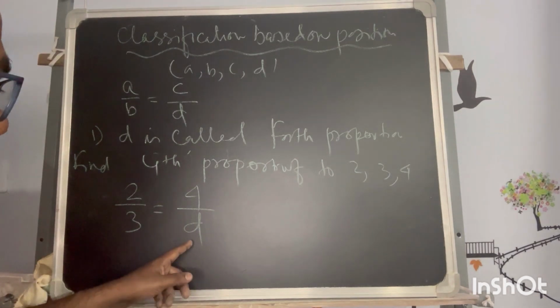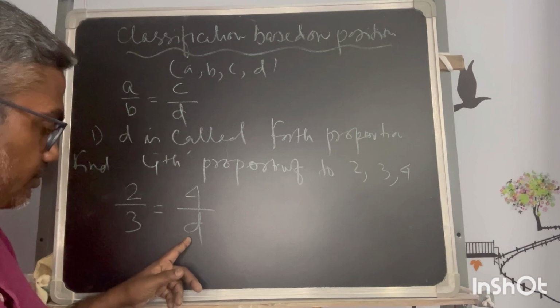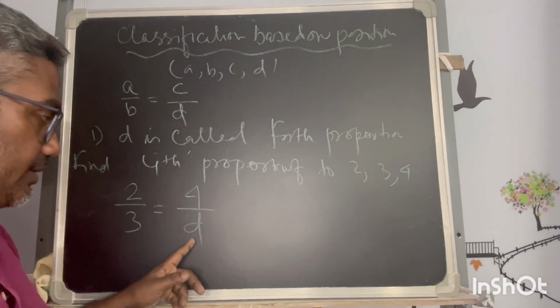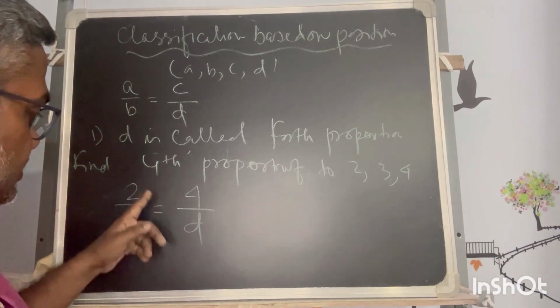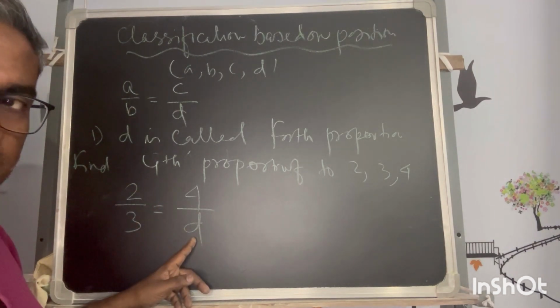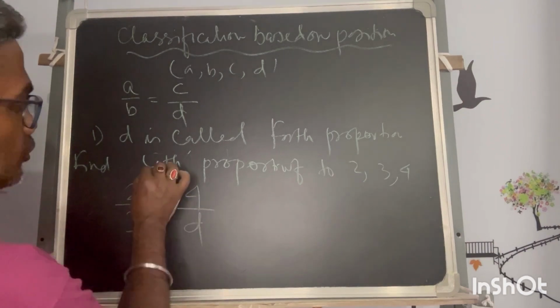So this position is important. The fourth proportion will be there at the extreme end. This is the first extreme, this is the second extreme. You have to position it in the second extreme, where you have to find the fourth proportion.